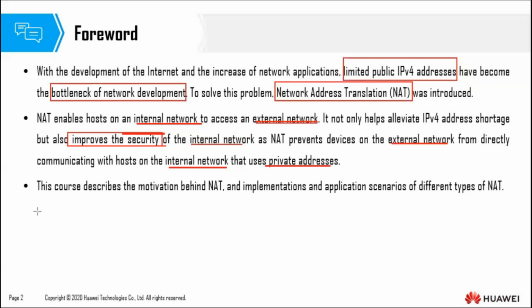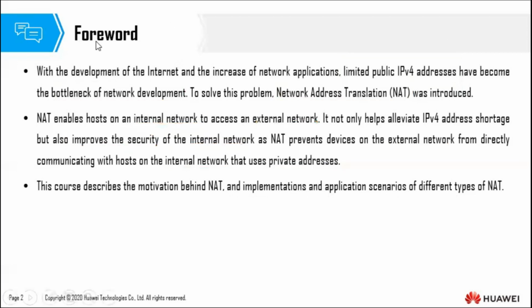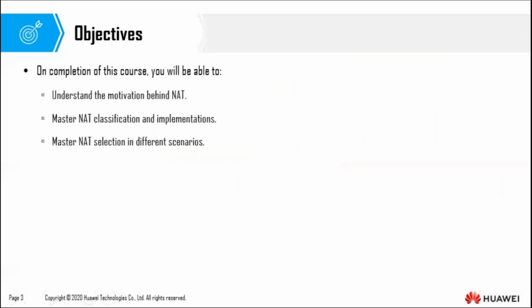So this course describes the motivation behind NAT and implementations and application scenarios of different NAT types. So I hope we understand it. It's a very interesting topic. By the end of this chapter, you should be able to, Dennis?